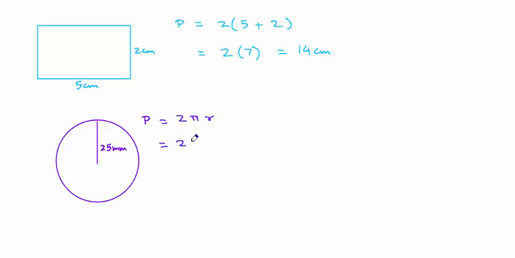This is equal to 2 times pi, 3.14, that's a constant that never changes, times the radius, 25 millimeters. And this is going to be equal to 157 millimeters. You could say that is the length of the path around this circle.